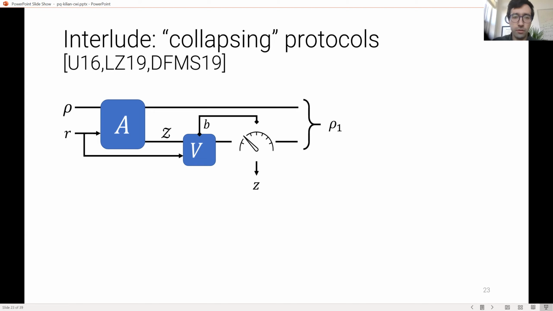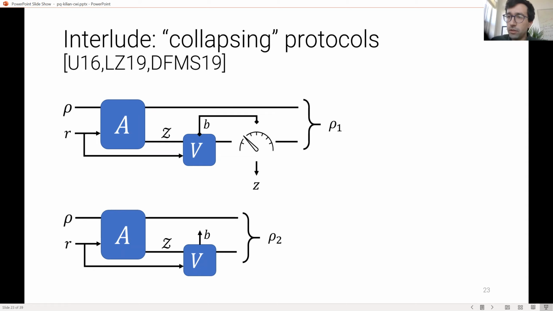So the verifier checks coherently whether the Z register contains an accepting response. If it does, then we measure. If it does not, then we don't do anything. This is what the little arrow from V to the measurement is. I'm going to call the state after this experiment rho 1.